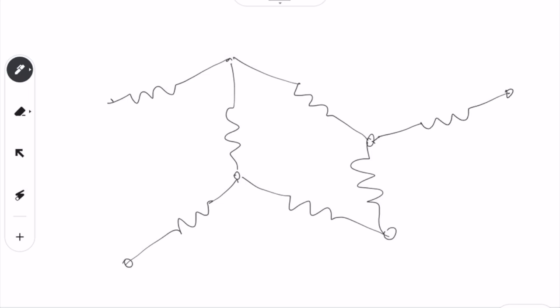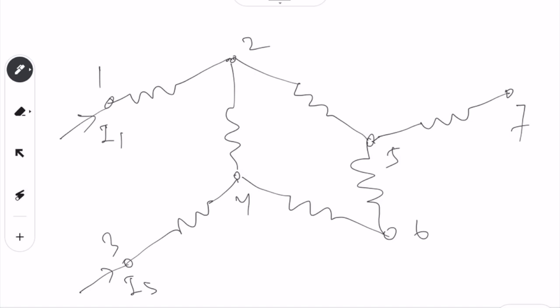Let us say you have a circuit like this, and then you will have node number 1, 2, 3, 4, 5, 6, 7, for example. So you have 7 nodes. Accordingly you will have currents coming here. You will say I1, this will have I3.